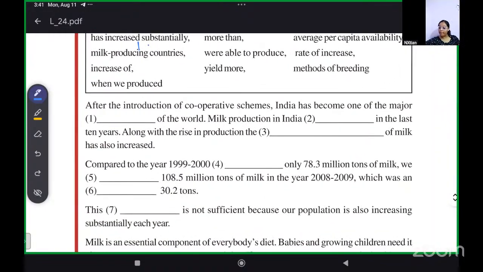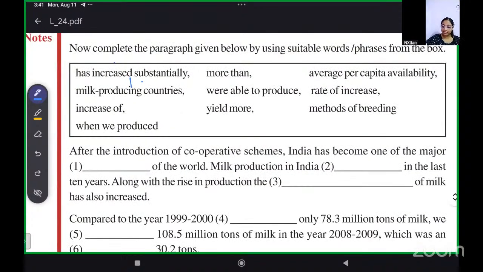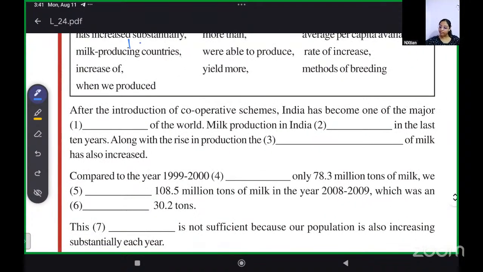Second one: Milk production in India dash in the last 10 years. Has increased substantially. Third one: dash of milk has also increased.